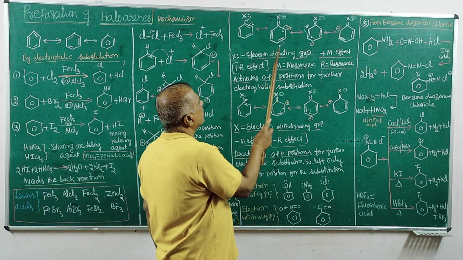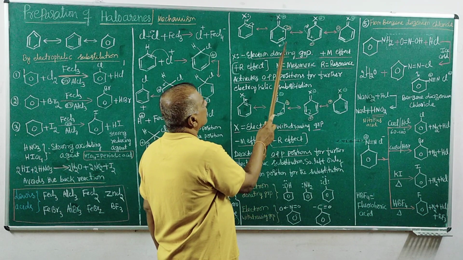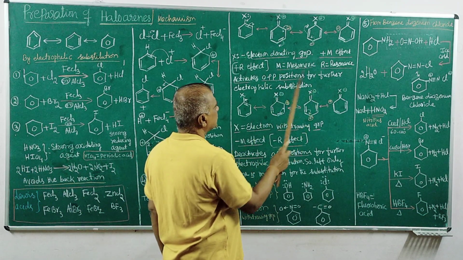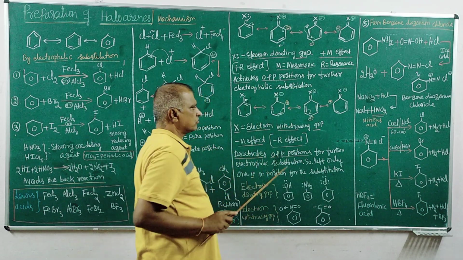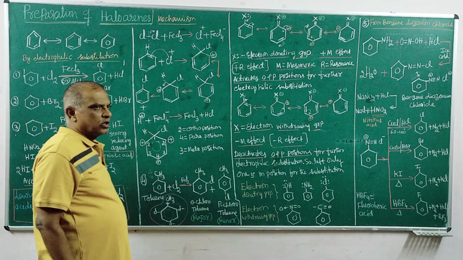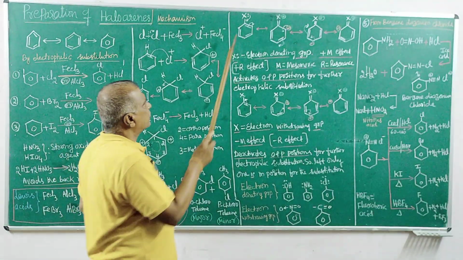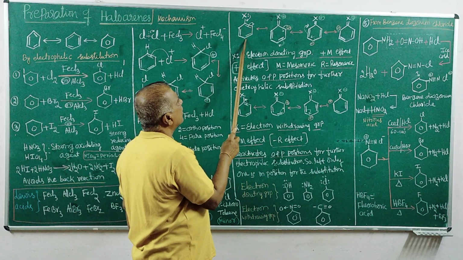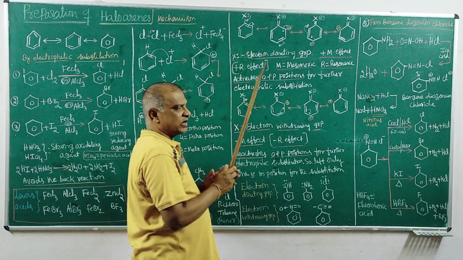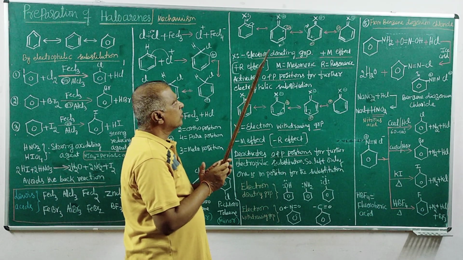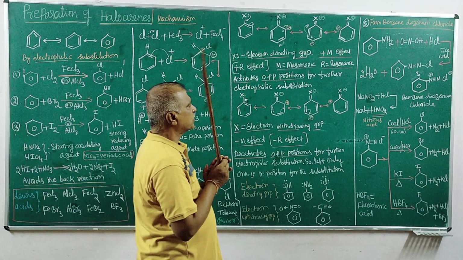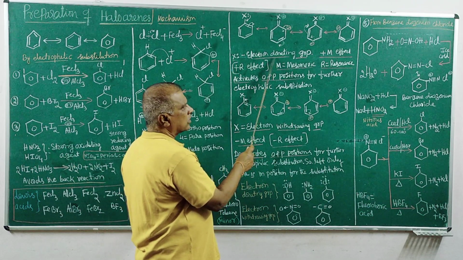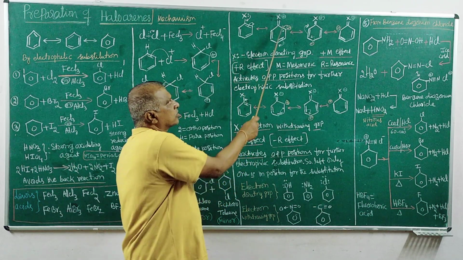The presence of this electron donating group will activate ortho and para very much for further electrophilic substitution. That is called an ortho para director, directing only to ortho and para positions.